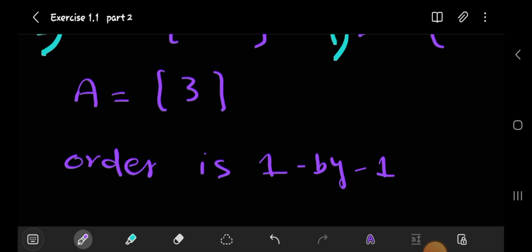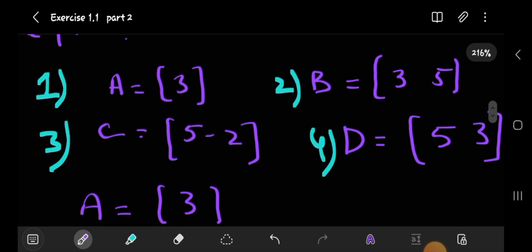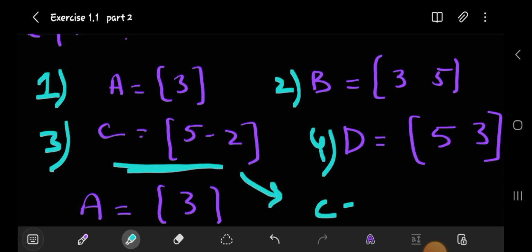Now we have to check which matrix A is equal to. Among these 4 matrices, there is only one matrix that is equal to A, and that is C, because if we solve C, we get 5 minus 2 is equal to 3, and this is the same as A.